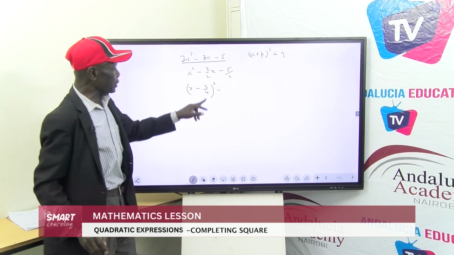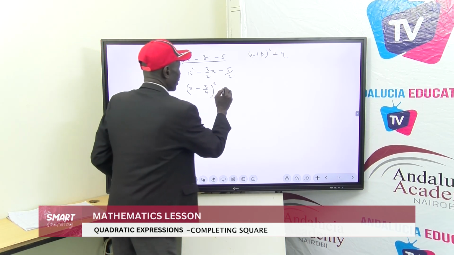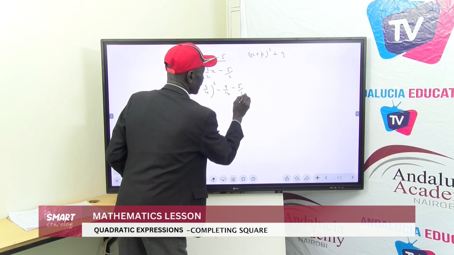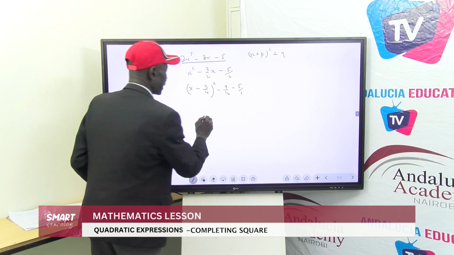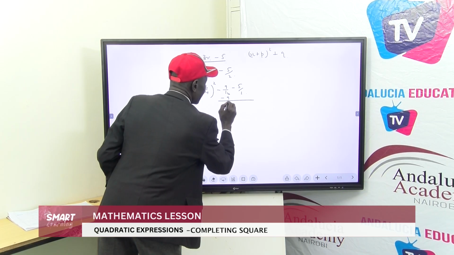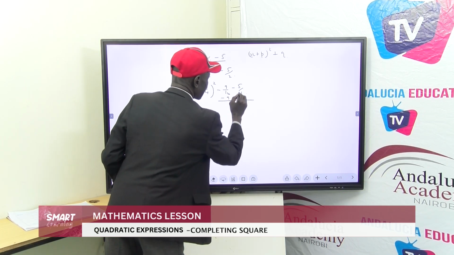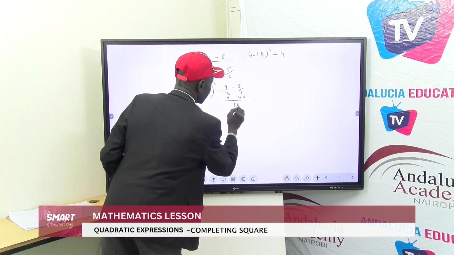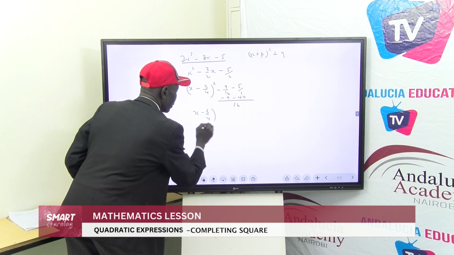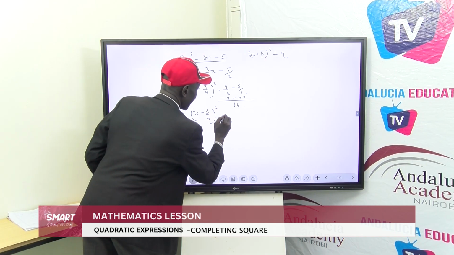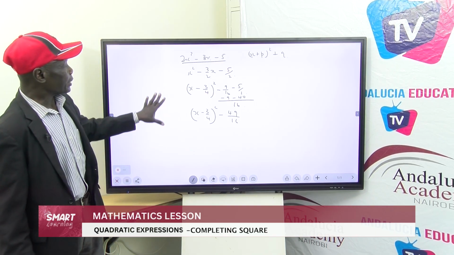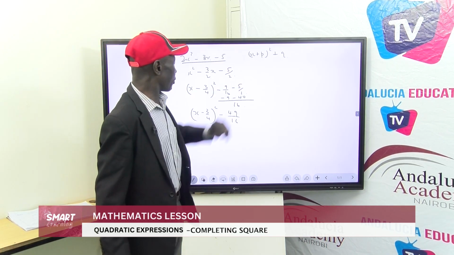Then I have to subtract the square of this one, which is minus 9 over 16, minus 5 over 2. So my LCM here is 16. So I'll have minus 9, this goes 8, minus 40 over 16. So I'll get x minus 3 over 4 squared minus 49 over 16. And you'll have done it, if you want to write in this form.